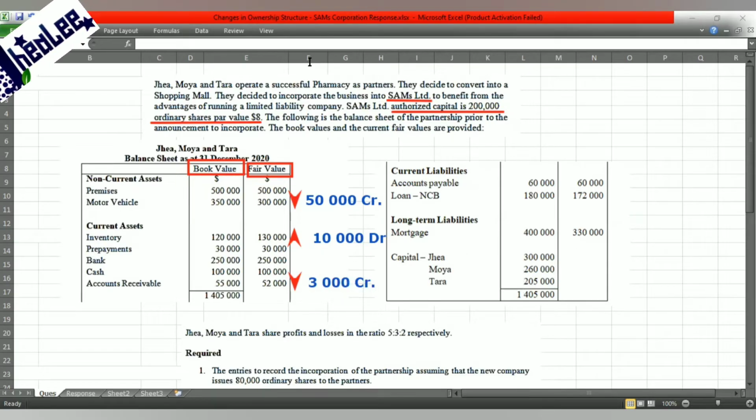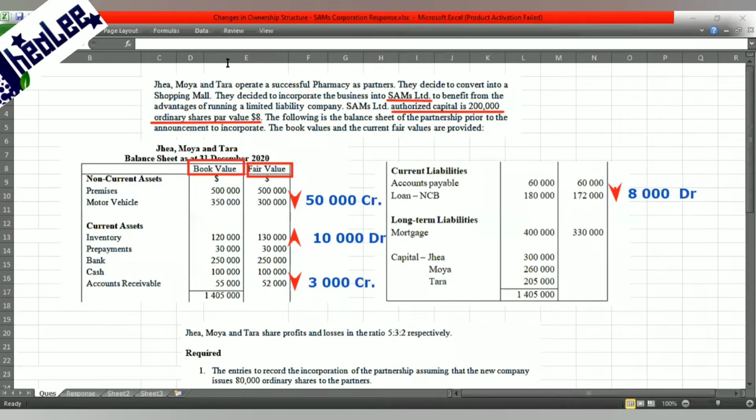Over to our liabilities. Let's do our assessment. There's no change for accounts payable. However, for the loan, the book value was 180,000. Now it is 172,000. That indicates a reduction of $8,000. For a liability, when there is a reduction, you are to debit using the double entry rule.